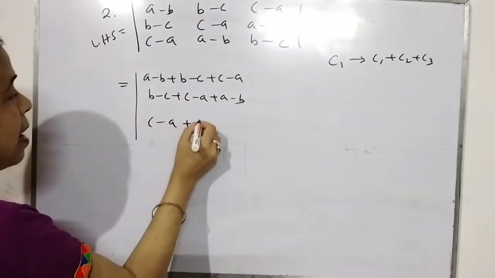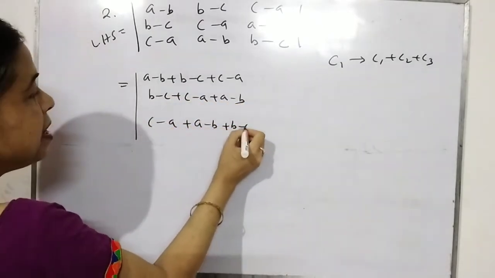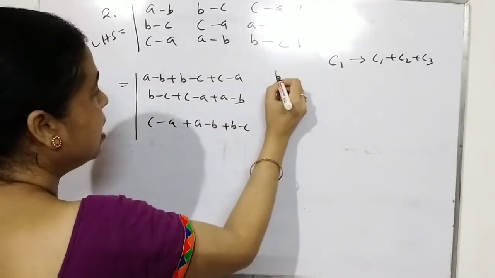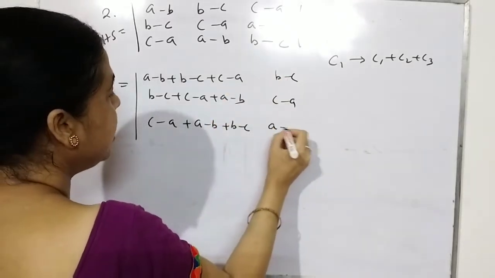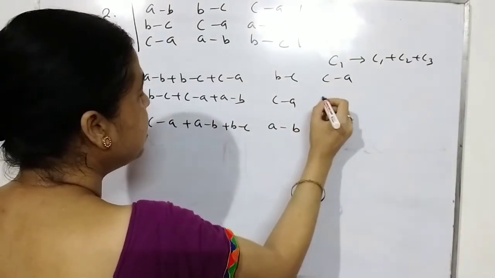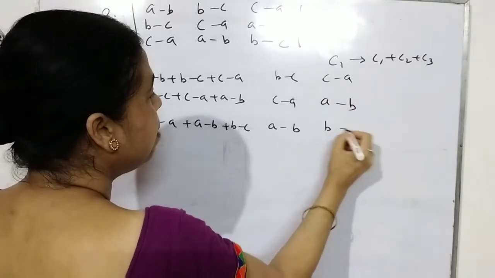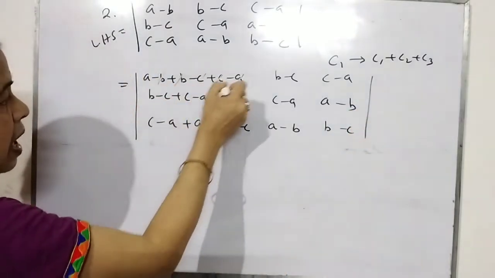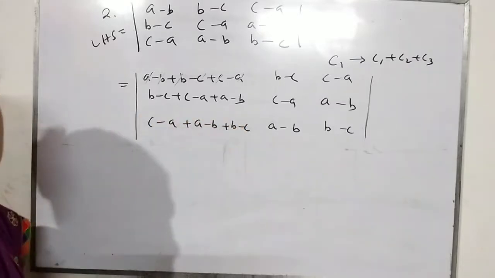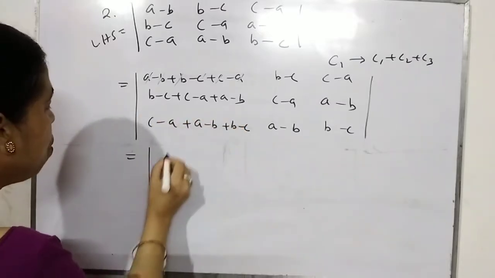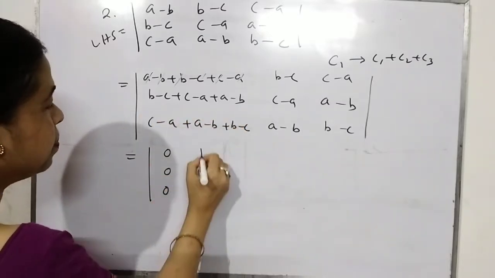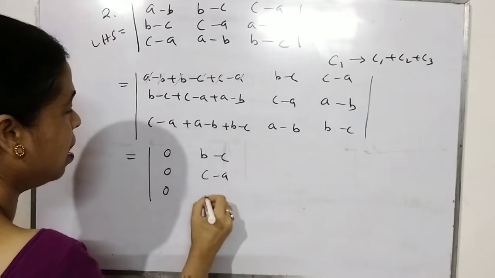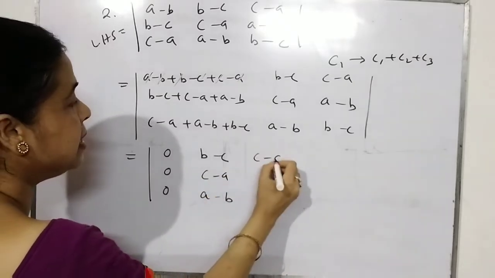Here c minus a plus a minus b plus b minus c. Keep the other columns in this order as they are. Now you see b with b, c with c, a with a cancel out like this, so here we have got all zeros, and keep the rest as it is.